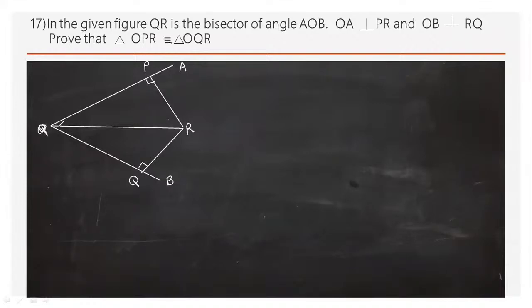In the given figure, QR is bisector of angle AOB. No, this is correct. Wait, I will check it. Just I will skip and I will come back to this one.